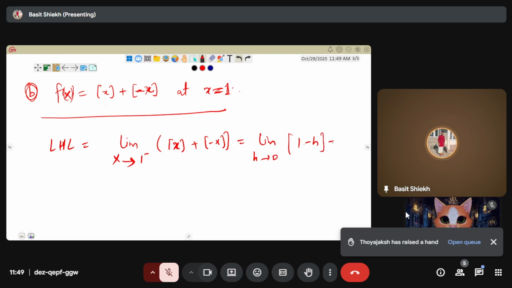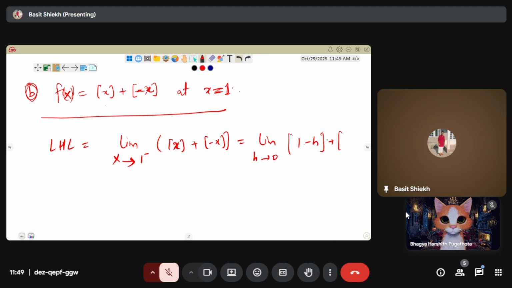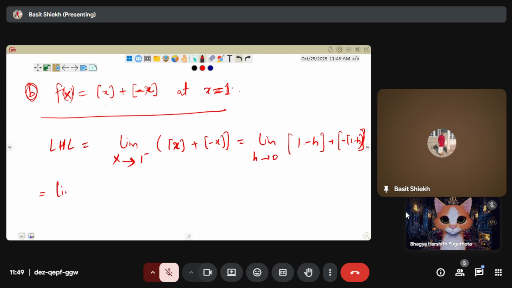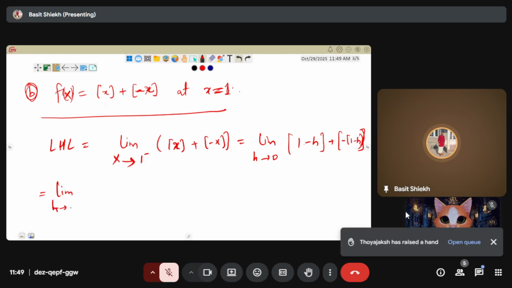1 minus h plus minus times 1 minus h, limit h going to 0. First, let me do this, then we will see. So 1 minus h. H is not equal to 0, but it's tending to 0. So 1 minus h is on the left of 1.